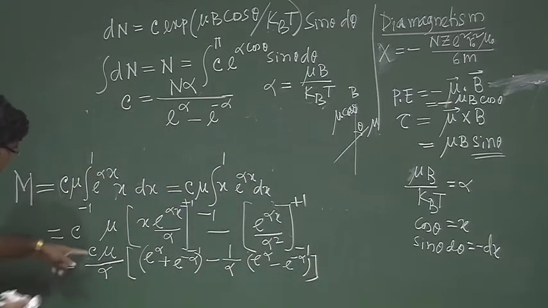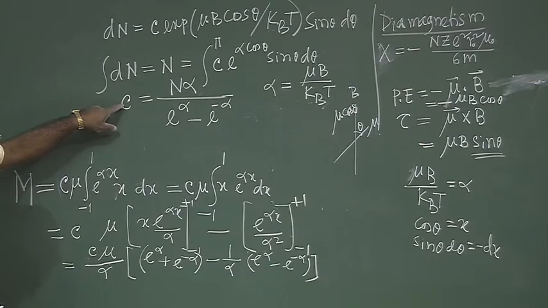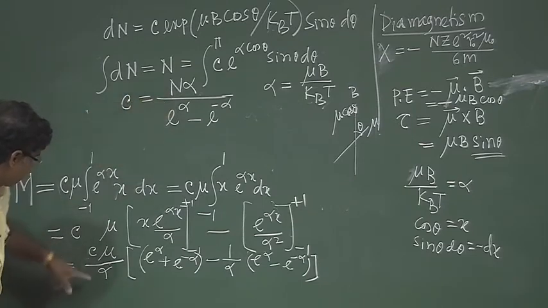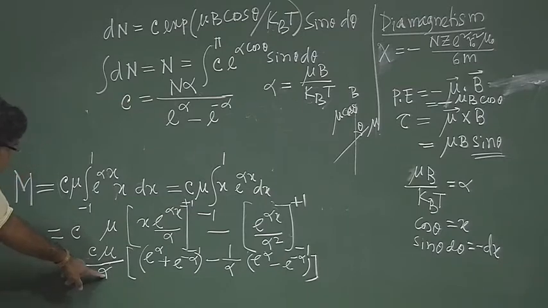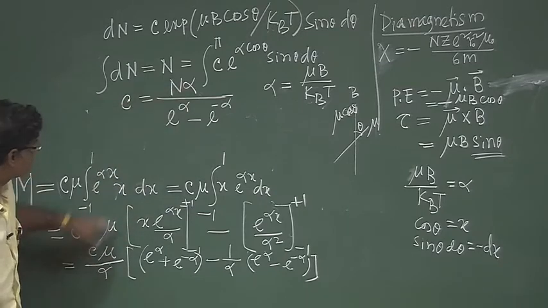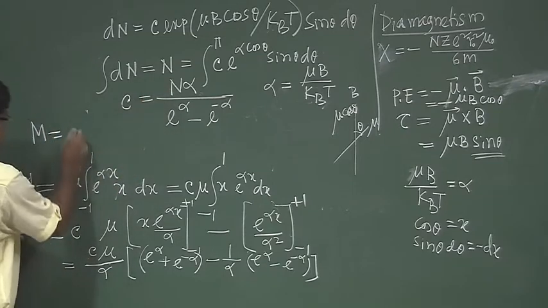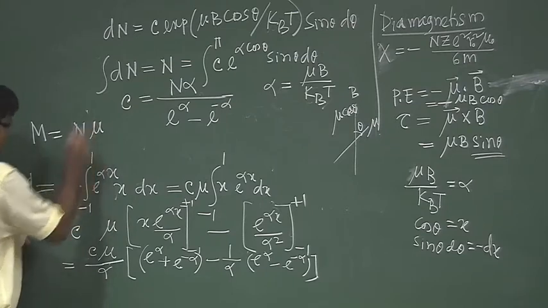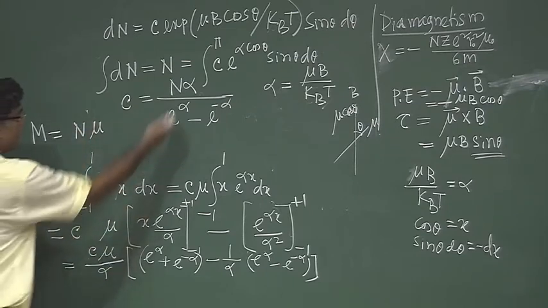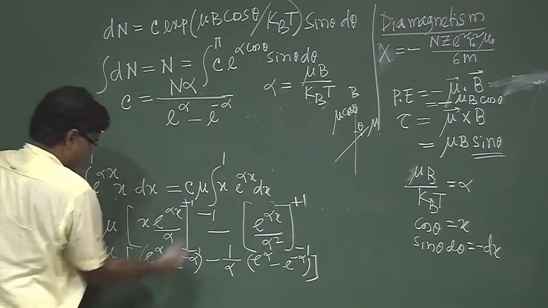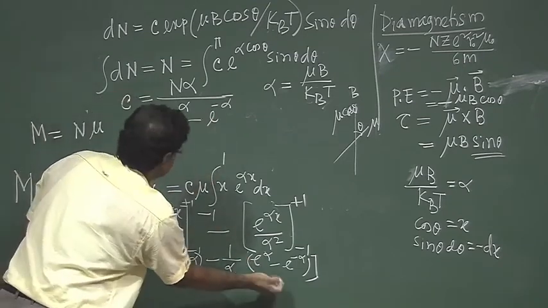Okay. Now, if I put the value of c, the alpha will go, and then divided by this, it will be 1.